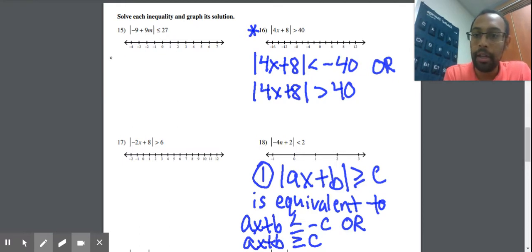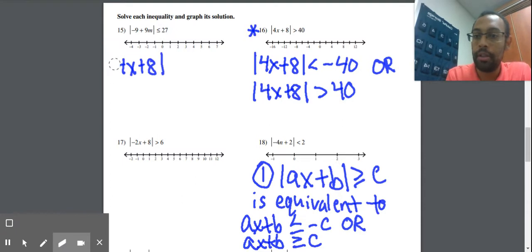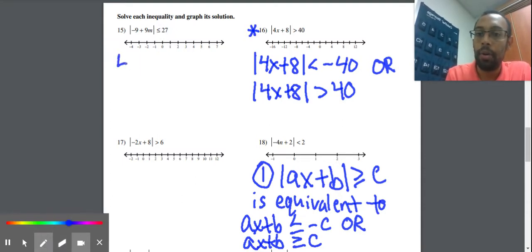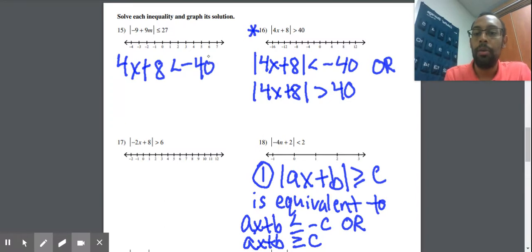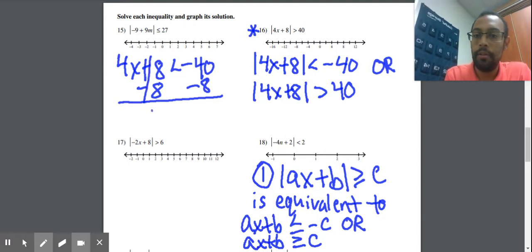So the first one is 4x plus 8 less than negative 40. Actually, I don't need the absolute value anymore because I'm solving this. So I'll just restart. So 4x plus 8 less than negative 40. So we subtract 8. 4x less than negative 48.